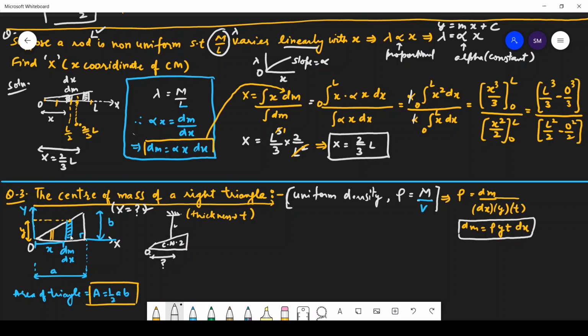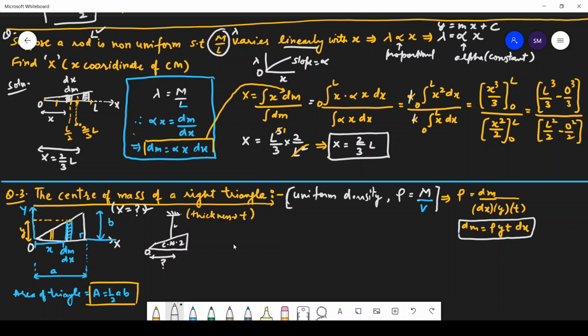Another point that you have asked is a very valid point: why are you not varying y? See, this dx is so small, it's negligible, its length is not that much. For that dx, this y is constant. For that particular strip, y is not changing.